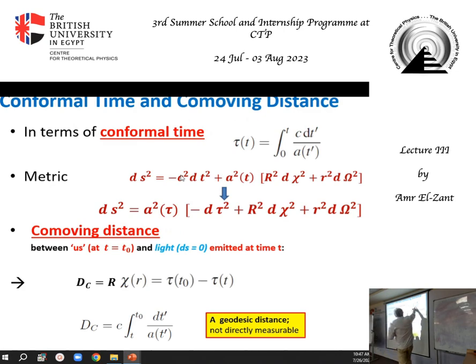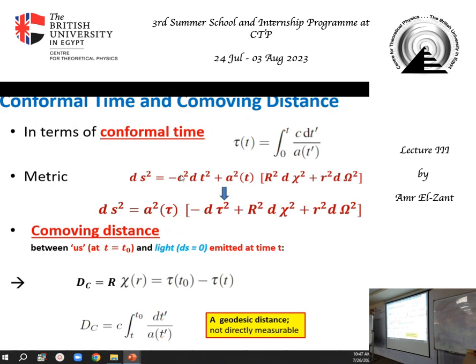Connected to the conformal time is a co-moving distance, which is a difference of conformal time. Conformal time is the co-moving distance that the light traveled since the beginning of the expansion to today, if you write it in the convention that A of t, the scale factor, is 1 today. Last time I told you about the conventions.